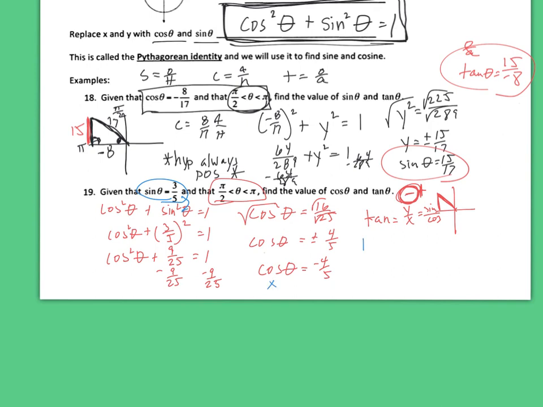So we know that the tangent is sine 3/5 divided by cosine, which is -4/5. Sorry, I couldn't find it. So we have 3 over 5 times, flip this over, 5 over -4. And we get that the tangent of theta is equal to -3/4.